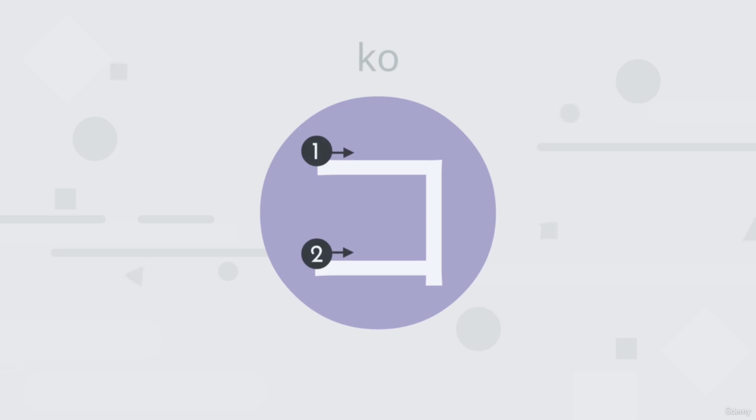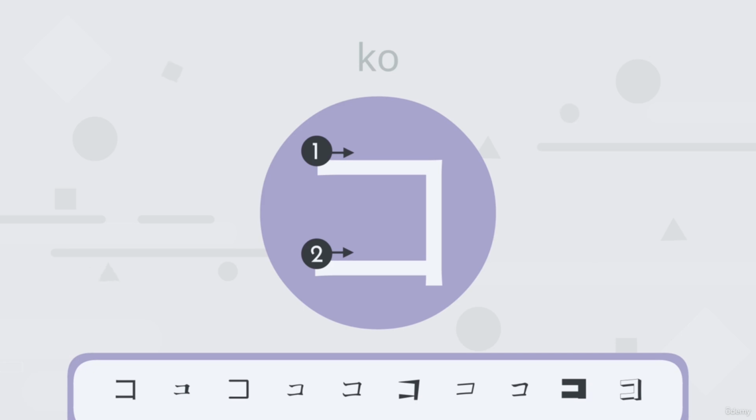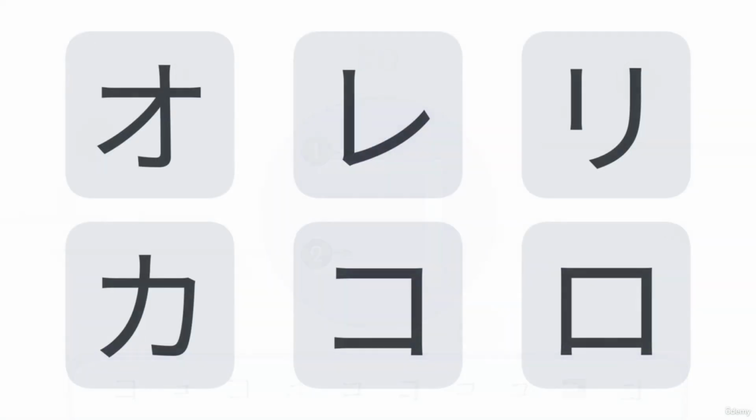The final character we'll learn is ko. Ko. Which of these characters is ko? Ko. Koko wa.